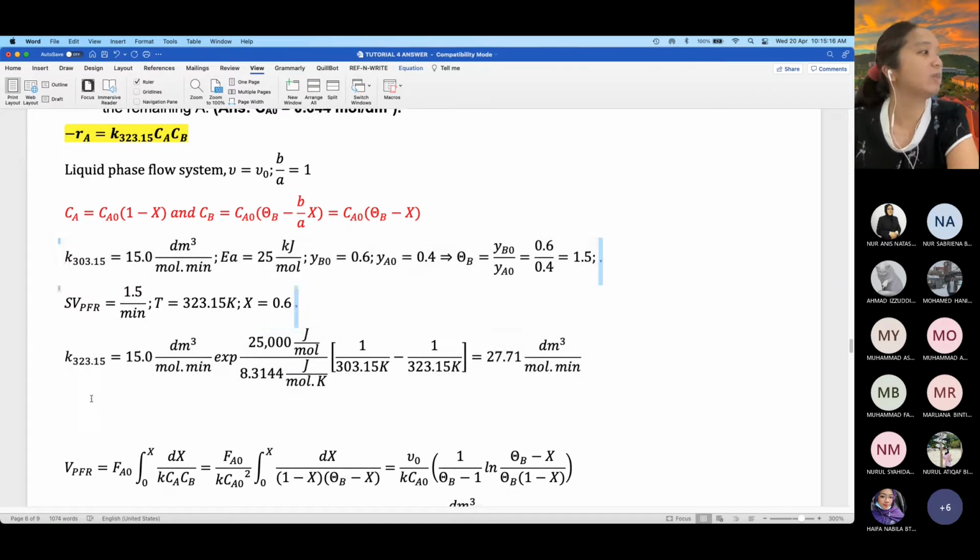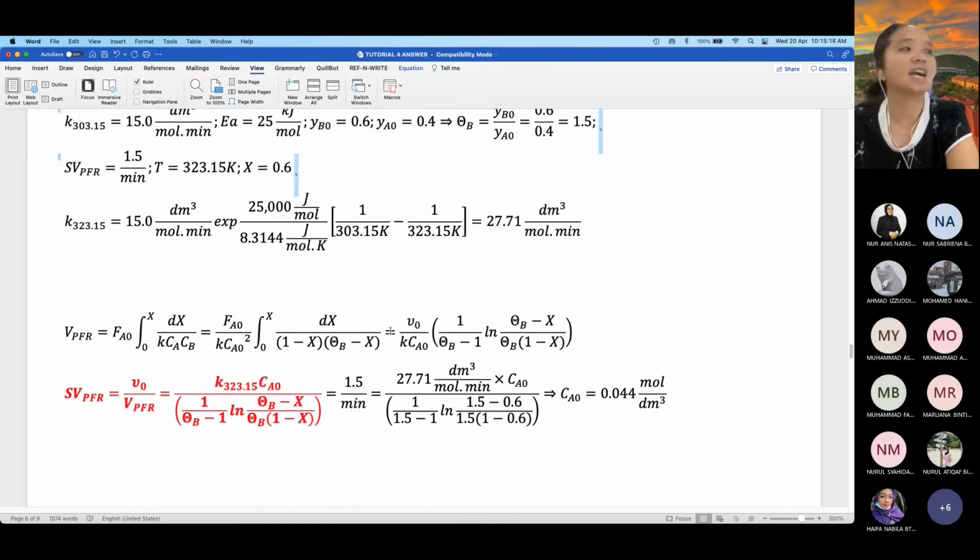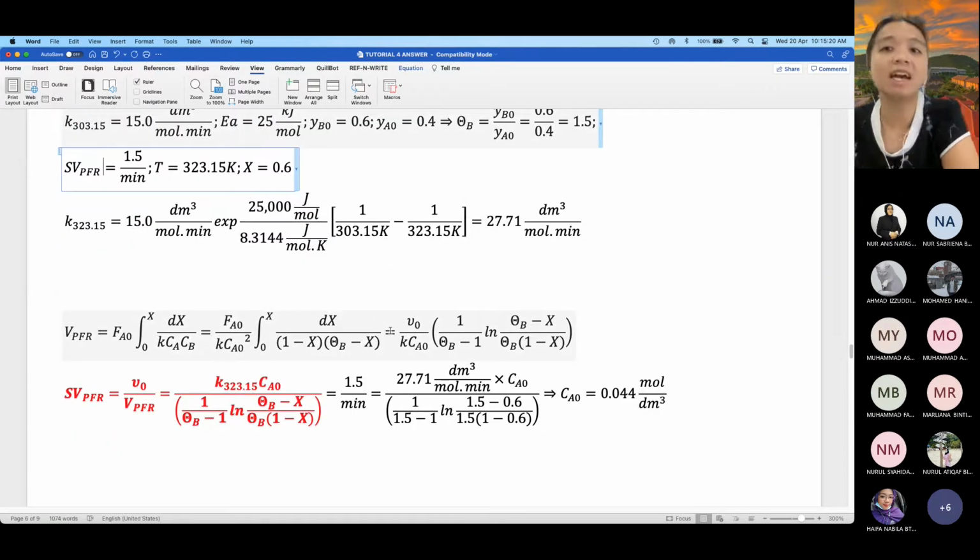Untuk setiap design equation yang saya ajar kamu, sebenarnya saya ada ajar version yang ada space time. Okay, ataupun erti kata lain, katakanlah kamu tak ingat juga version yang space time pun tak apa. Okay, so you go back and check your design equation. Okay, again sama, kamu kena check design equation yang fulfill 3 condition.